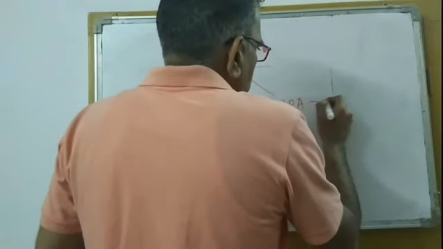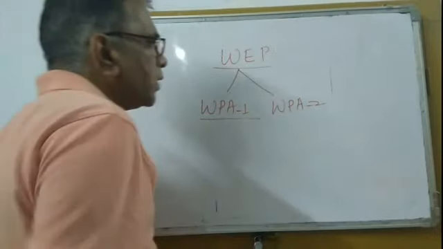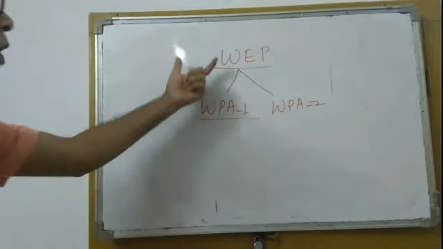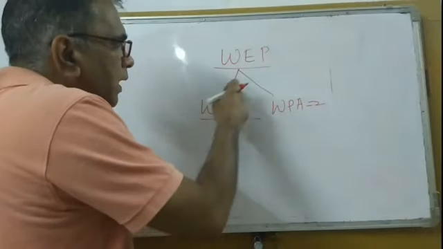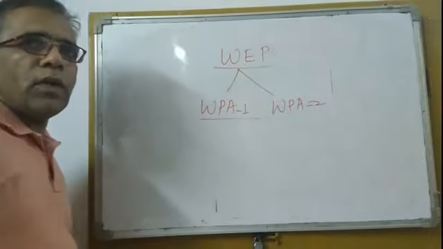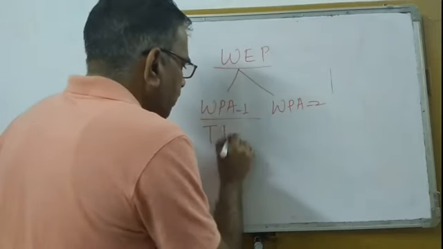Today I am going to discuss only WPA1. I will leave WPA2 for you. So basically how the wired encryption process is made secure with the help of some modifications that are addressed in WPA1. It is also known as the TKIP technique.